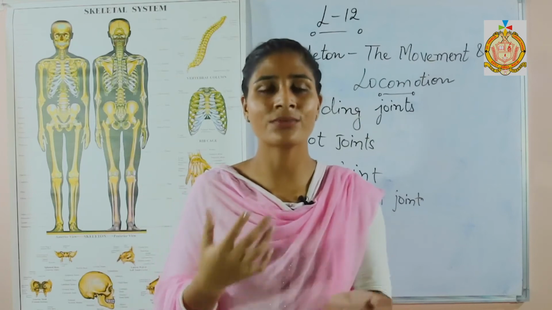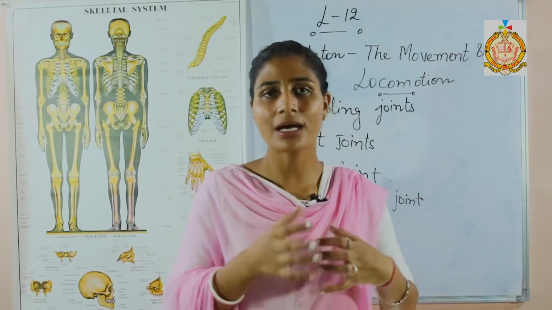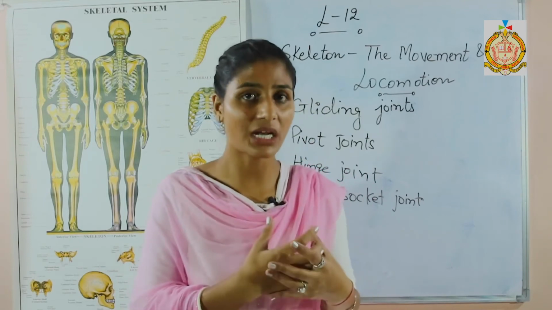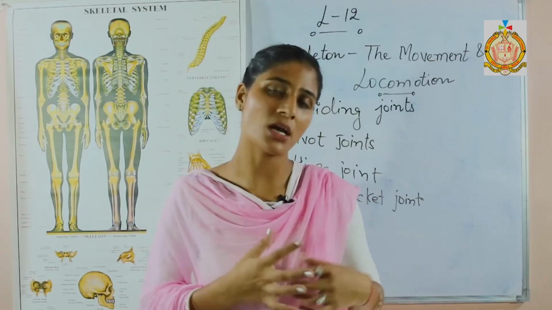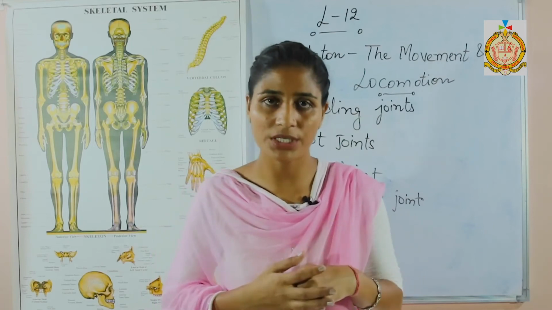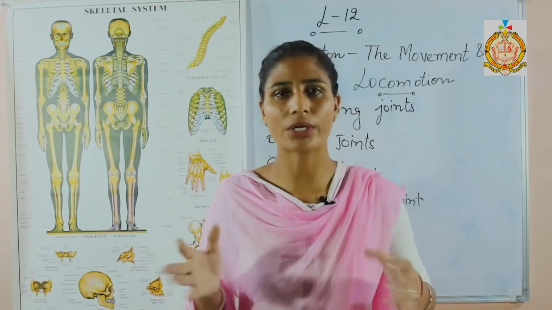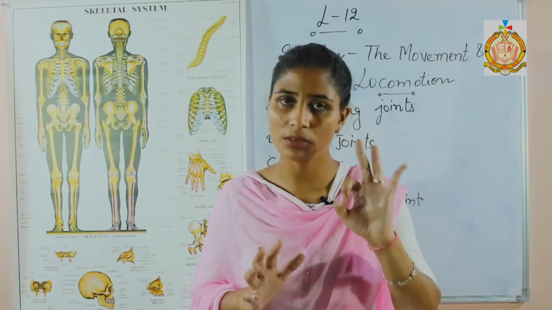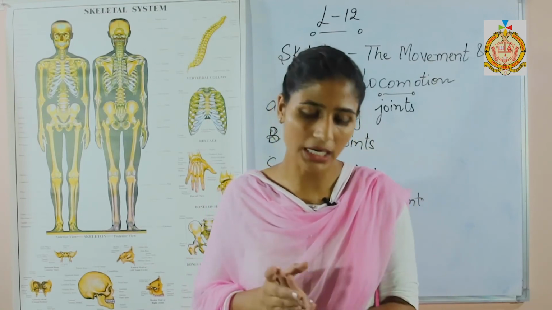Cardiac muscles are present in our heart and are responsible for the proper pumping of our heart. They are also involuntary in nature because they do not work according to our wish. So there are three types of muscles: voluntary, involuntary and cardiac.